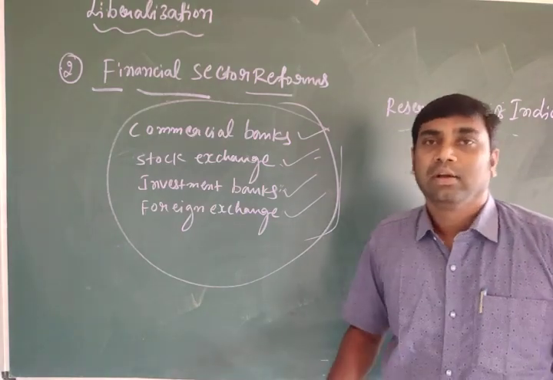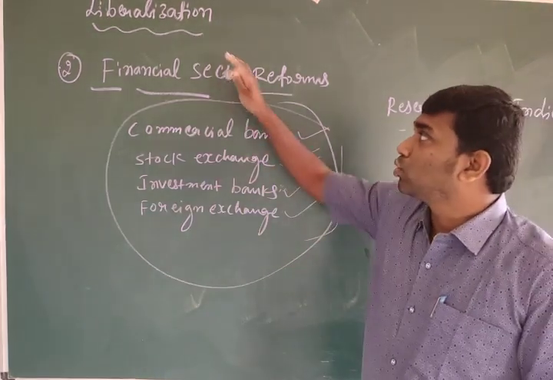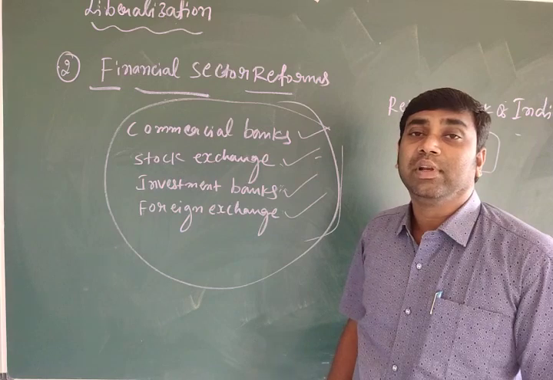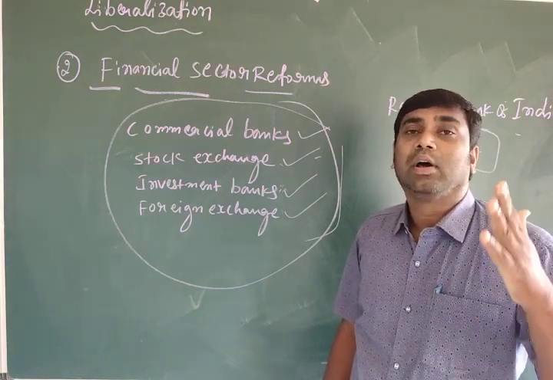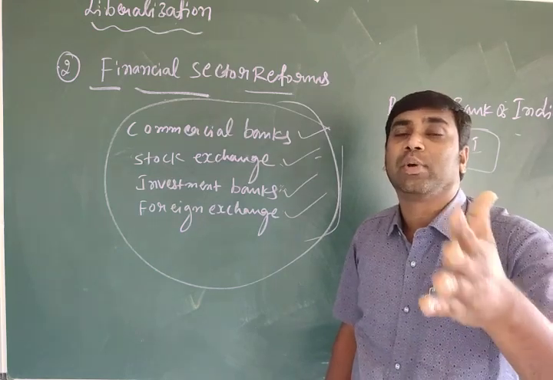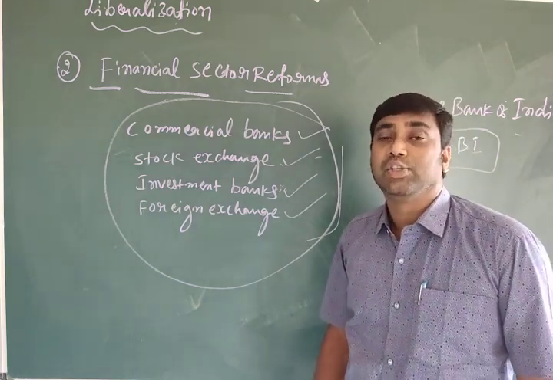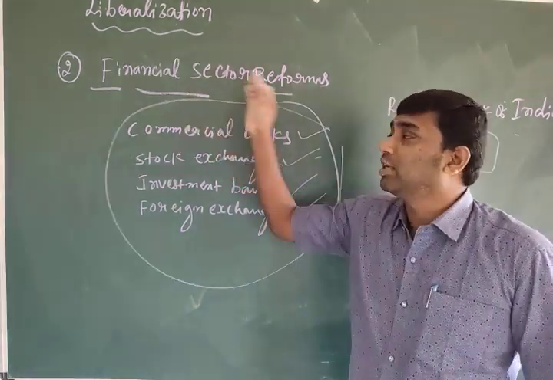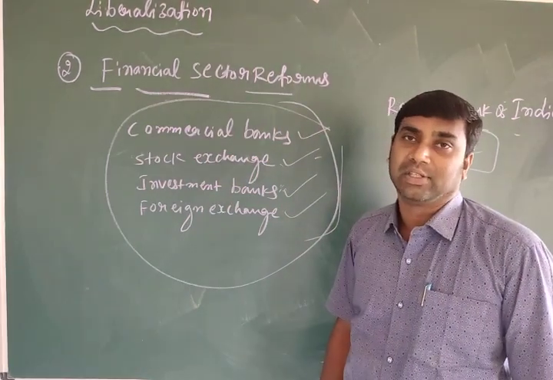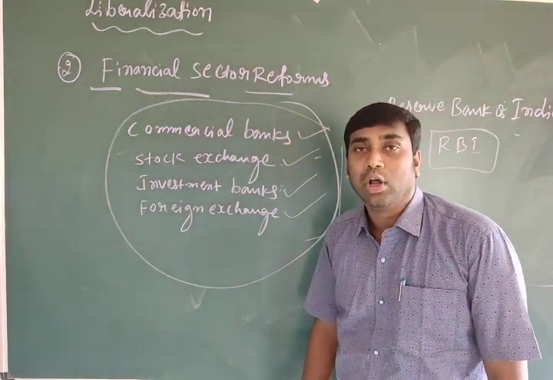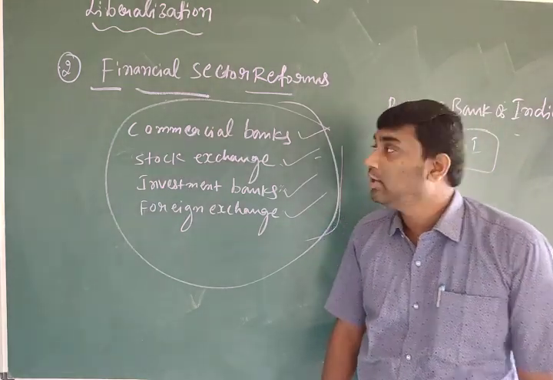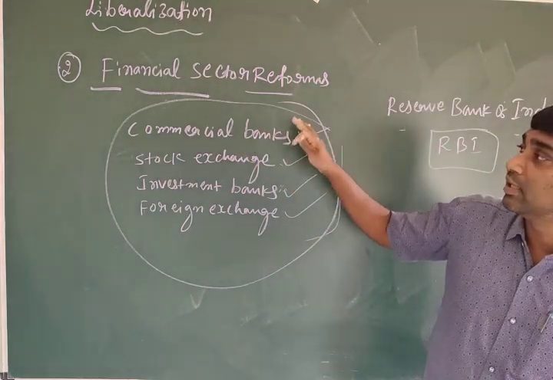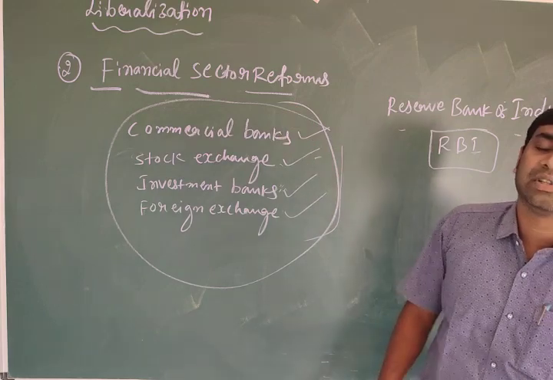The main aim through liberalization was removing the restrictions, or reducing the role of the Reserve Bank of India in the financial sector or financial activities. That was the main aim.